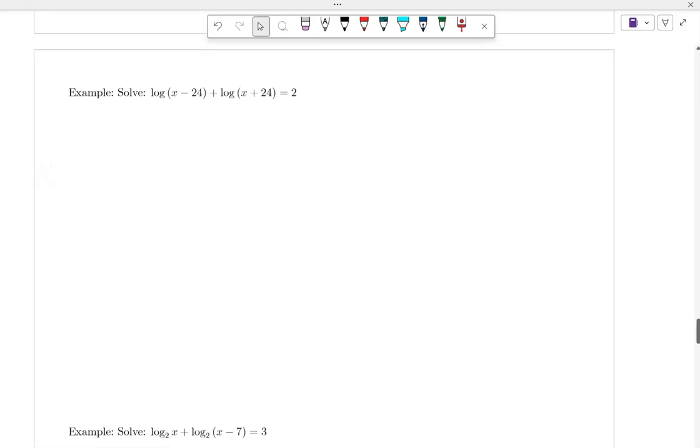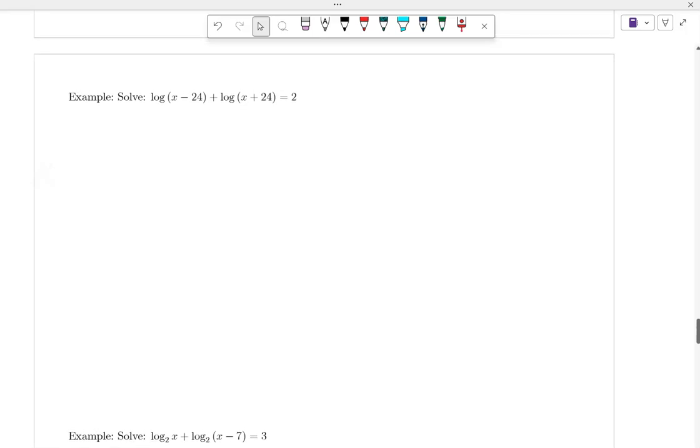Okay. All right, let's look at this next one. We've got log of x minus 24 plus log of x plus 24 equals 2. What's the first step? Good. Rewrite it as multiplication, right? When you see multiple logs on one side, you need to combine them into a single one.